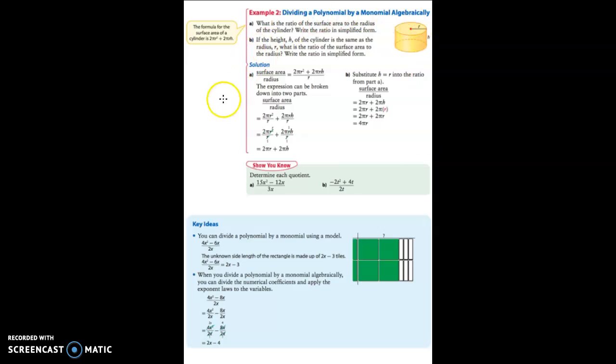I know this question might be a little bit confusing, but please go ahead and reread this and look at the steps carefully and make sure you understand what's happening right here. Okay, and then again, you can go ahead and in your notebook try these two questions out.